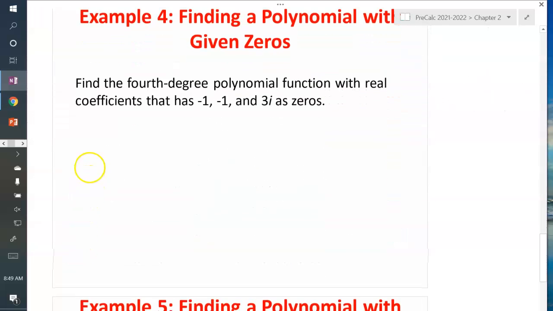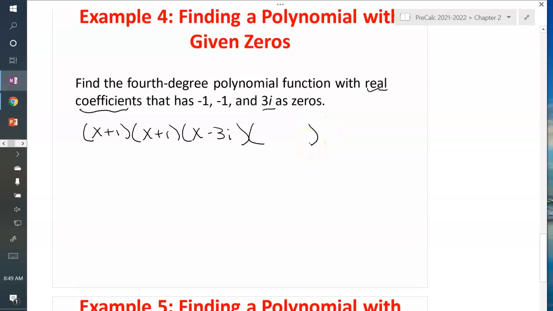All right, we are going to find a 4th degree polynomial with real coefficients that has -1 and -1 as zeros and 3i as a 0. So that means my linear factors are x plus 1 times x plus 1 times x minus 3i. This is 4th degree, so I need another linear factor.